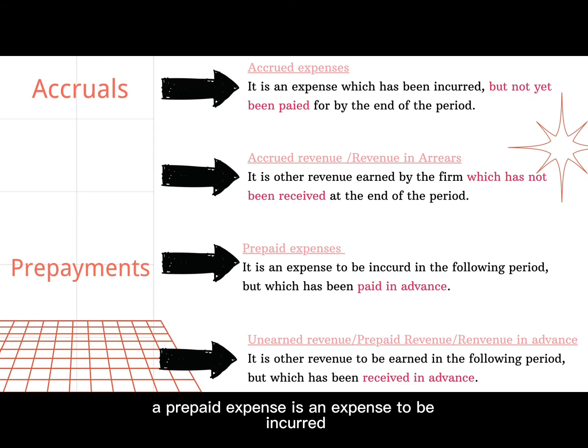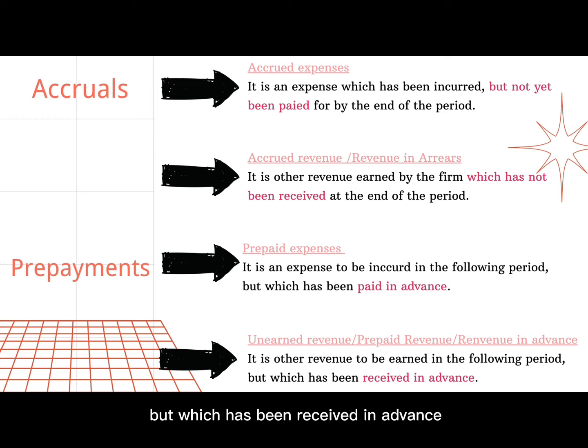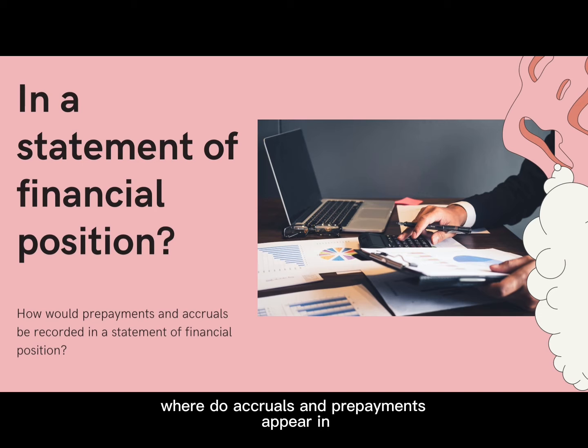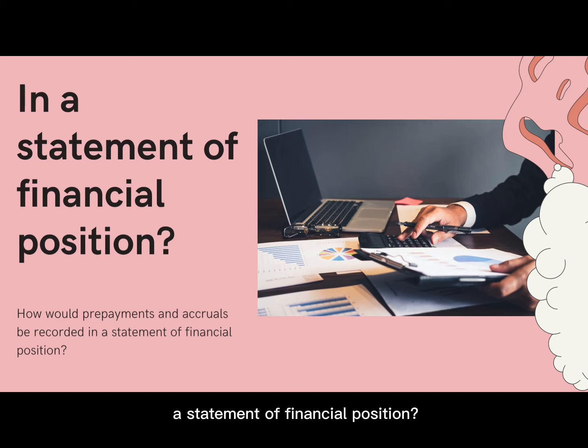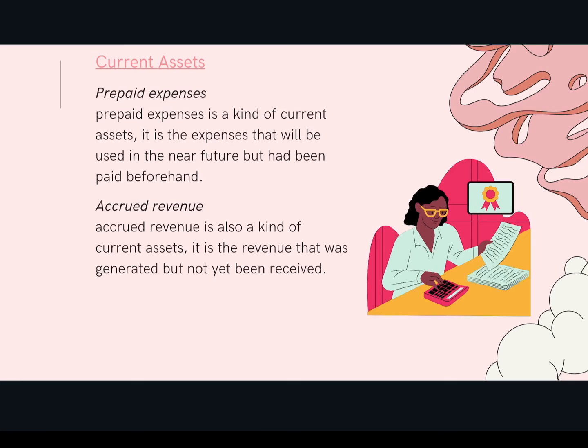A prepaid expense is an expense to be incurred in the following period, but which has been paid in advance, while a prepaid revenue is a revenue to be earned in the following period, but which has been received in advance. Where do accruals and prepayments appear in a statement of financial position?